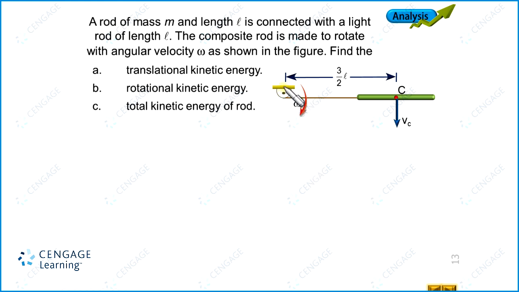This rod is a rigid body rotating about the hinge point with angular velocity omega in the clockwise sense. That means the angular velocity of the rod about its center of mass is also omega in the clockwise sense.